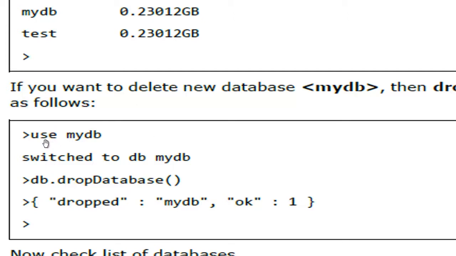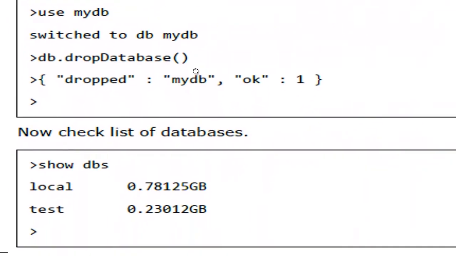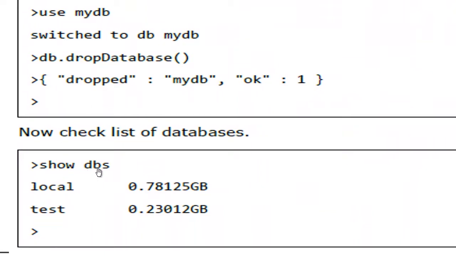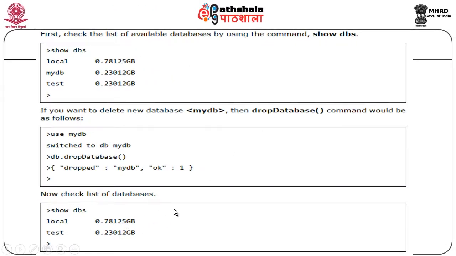So, make use of the command use MyDB, and then there type db.dropDatabase. It will then return a value, dropped MyDB, OK and 1, which indicates that the MyDB database has been dropped. Now, if you use the show dbs command to list the available databases, you can find your MyDB database deleted, and only the remaining two databases, local and test, will be shown here.